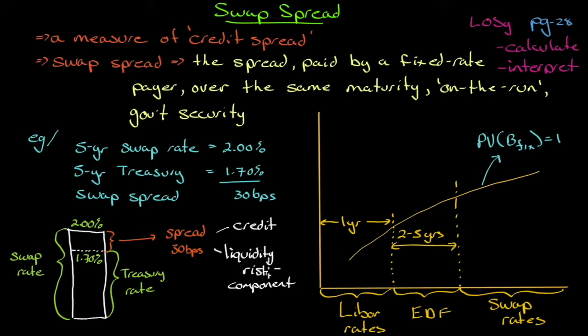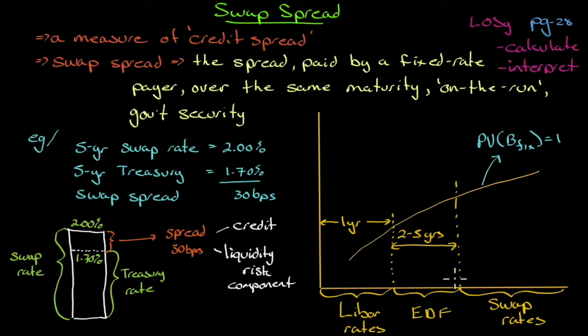To really try to see what's going on here, let's have a look at what the swap rate looks like, and let's just draw out a hypothetical swap rate. You can put it into different segments. The very short segment up to 1 year, these are just LIBOR rates that you can see in the market because there they are, right? Going out past 1 year, up to 2 years, typically, sometimes 3, sometimes even up to 5 years, you can use Eurodollar futures.